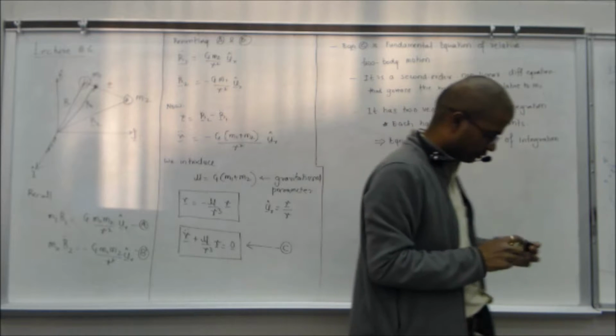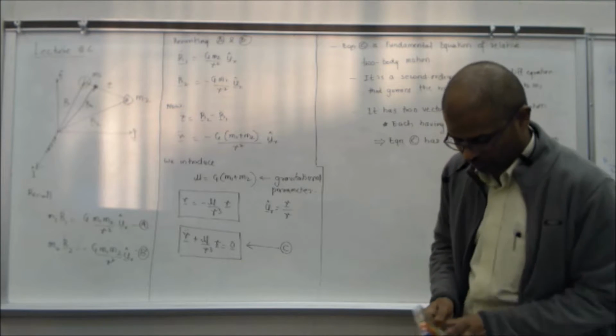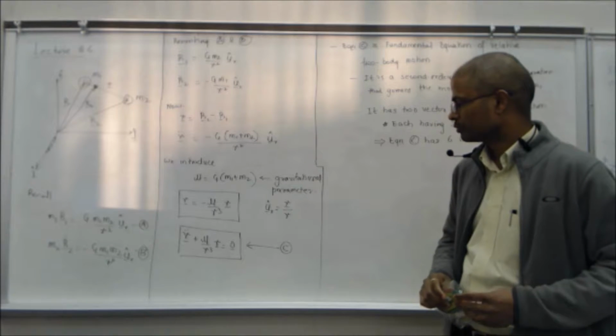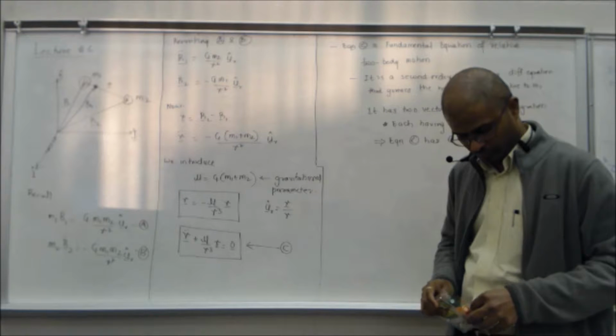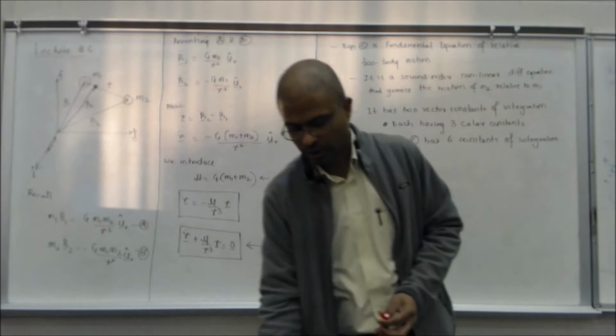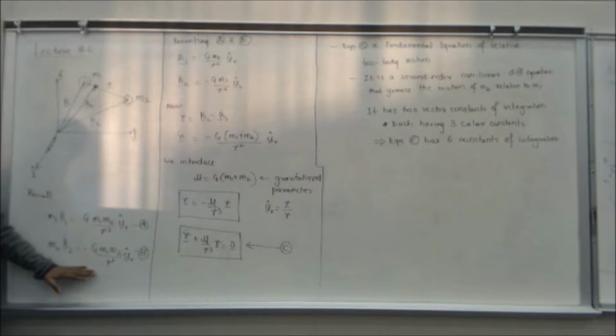We'll take a minute to absorb this. You were able to follow this one, right? This we did last class, correct? This is what we arrived at the last class.